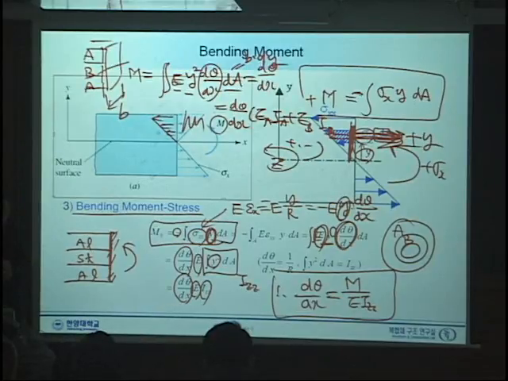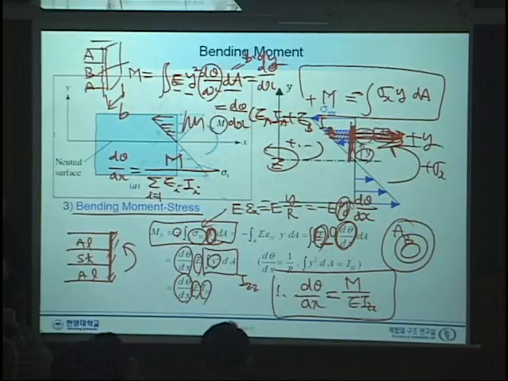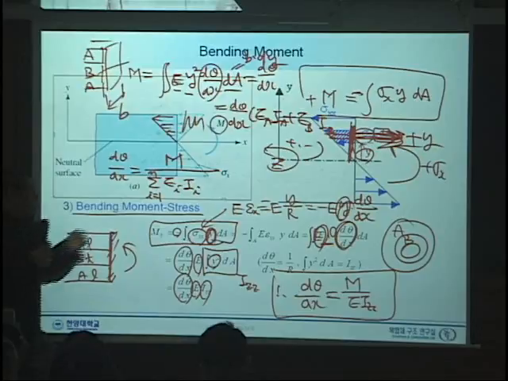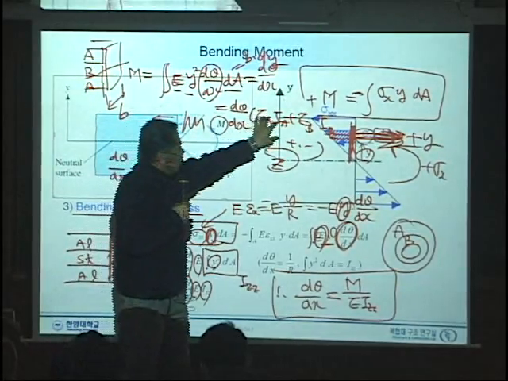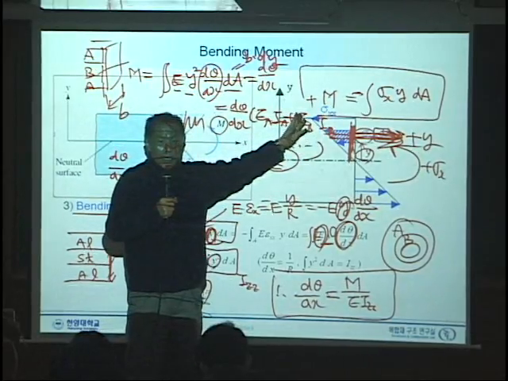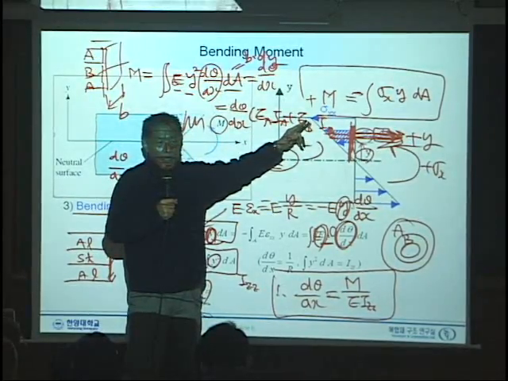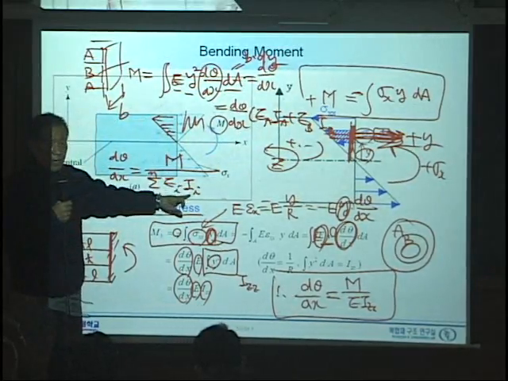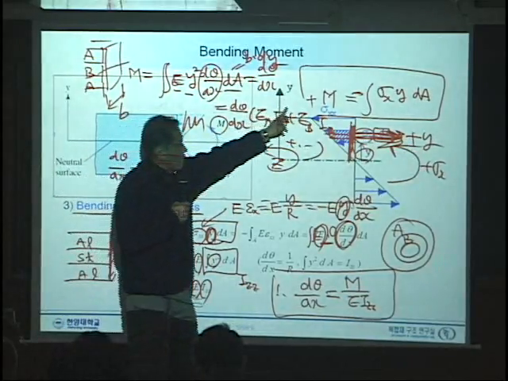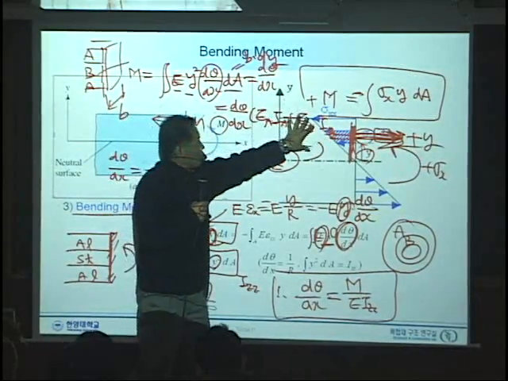As you can see here, d theta dx is given by M over the sum, with i equal to 1 up to however many layers. Remember, moment is defined by d theta dx and the summation of E times y squared dA, each material property times its I, and that will be the summation of these whole terms.